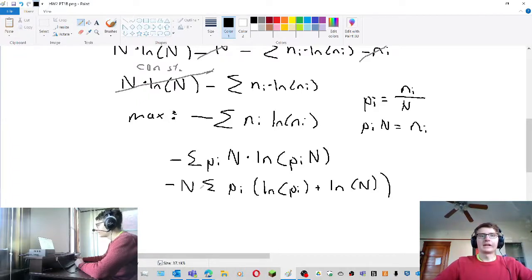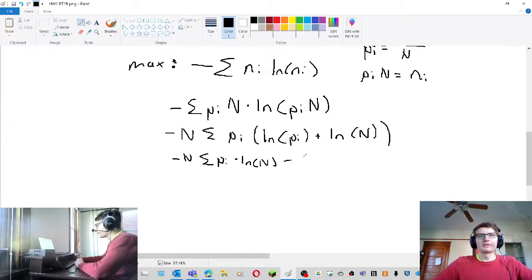Now I can break up this summation a little bit more. So I can say negative n times the summation of the probability of i times the natural log of n, which, remember, is a constant, and something pretty cool is going to form here.